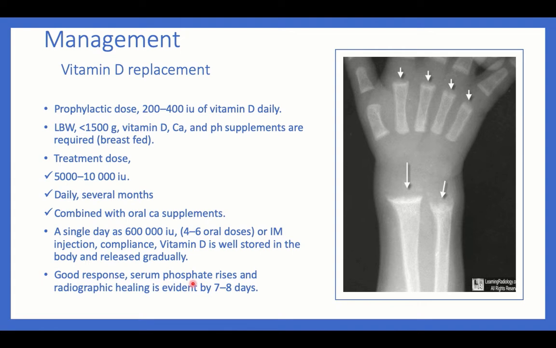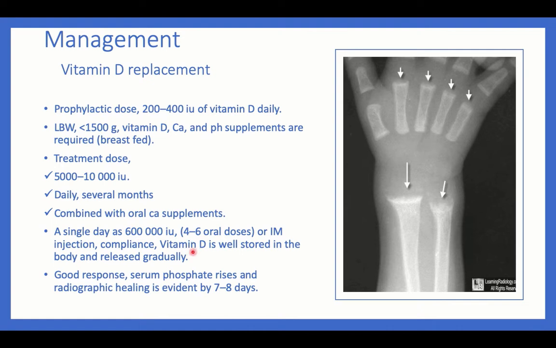So this is how we monitor the therapeutic dose, which should be continued till complete healing of the rickety manifestations. Sometimes a single day dose of 600,000 international units of vitamin D is given in 4 to 6 oral doses or given as IM injections, or over 3 times maybe. This can be used in case of poor compliance.